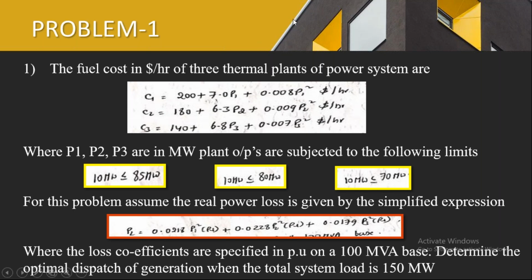So this power loss equation is in terms of per unit, right? So how can we convert this per unit into megawatts?